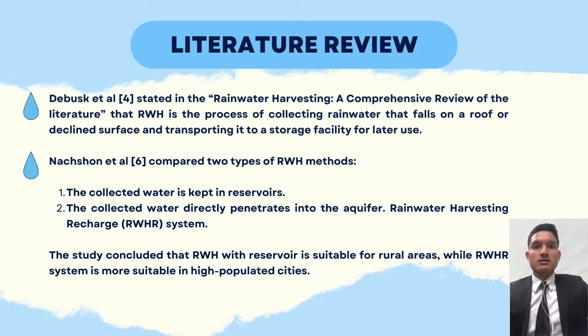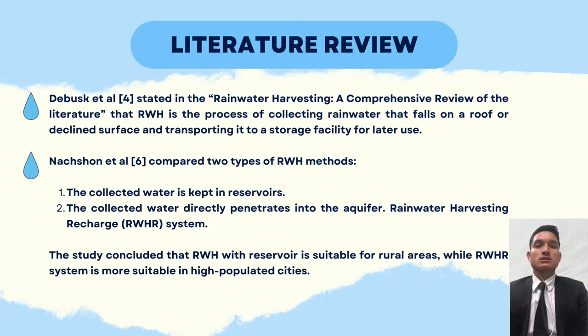Debus et al. stated in Rainwater Harvesting, a comprehensive review of the literature, that rainwater harvesting system is the process of collecting rainwater that falls on a roof or declined surface and transporting it to a storage facility for later use. Natchson et al. compared two types of rainwater harvesting methods.